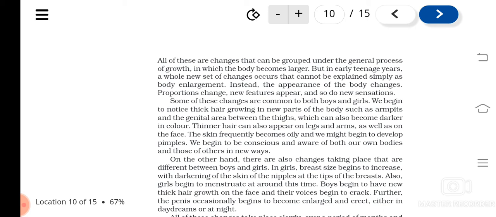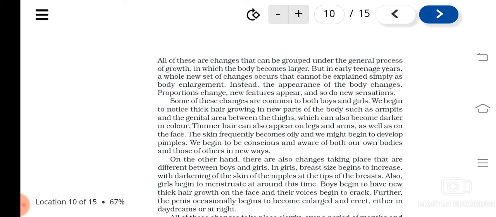All the different kinds of attractions or new sensations come because nature is preparing a person for developing the sex cells. Some changes may be common to boys and girls, and some will be different. This natural phenomenon makes a person male or female, with the capability of producing sperms or eggs.